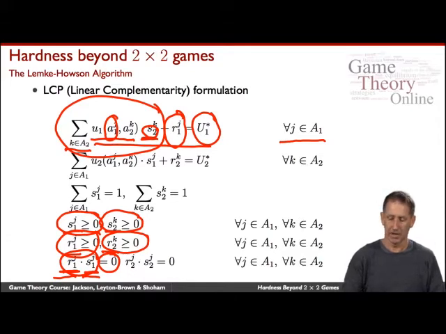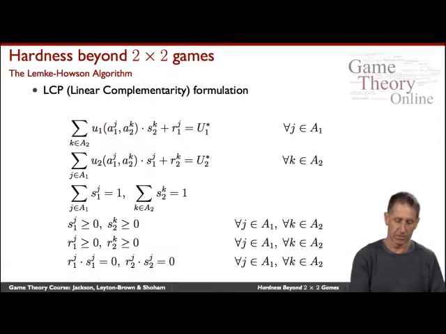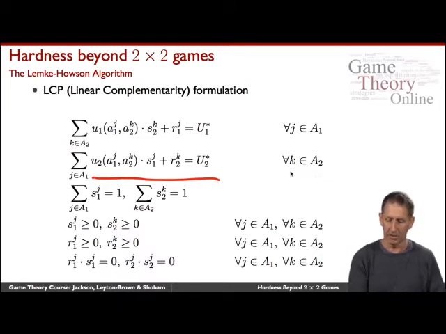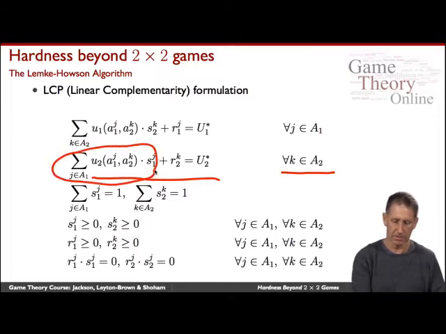So I hope that's clear, and you can see now similarly for player 2. For player 2, we take each of their actions and we say if they're going to play it with some probability, then we look at their best response here, given whatever player 1 is going to play as their mixed strategy, and we're going to look at the slack variable here, and again we're going to require that their product be 0.